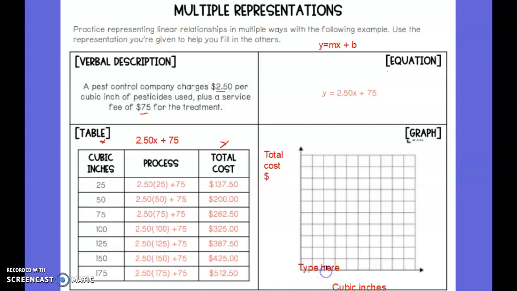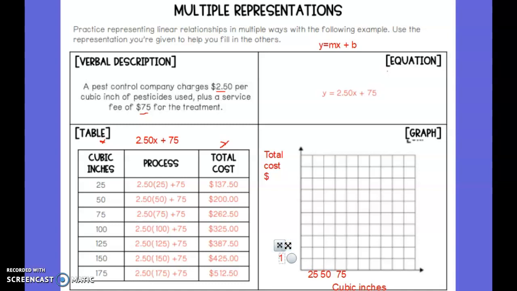The intervals that you can write in there are the same ones that are given to you: 25, 50, 75, and so on, and for your y-axis also.